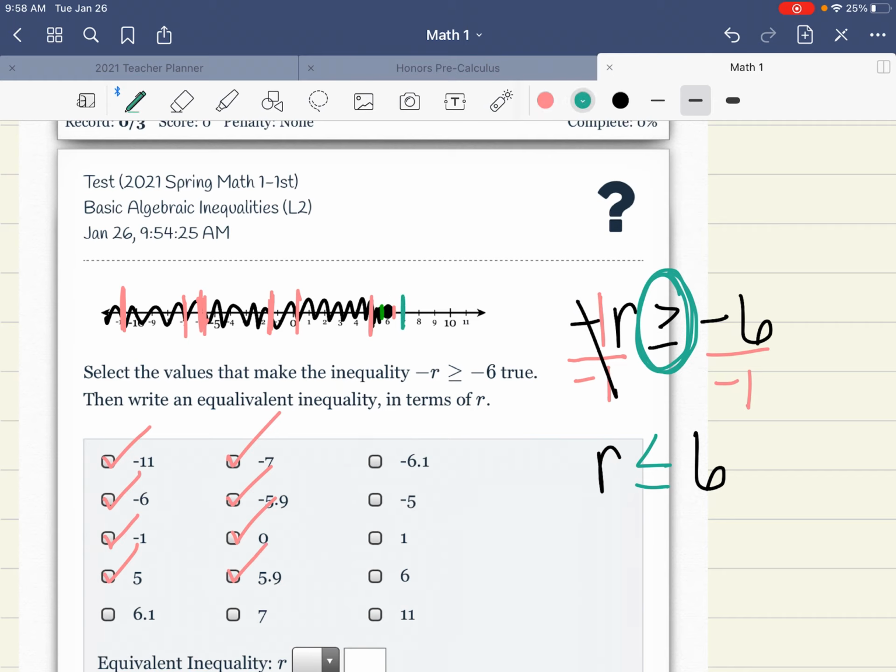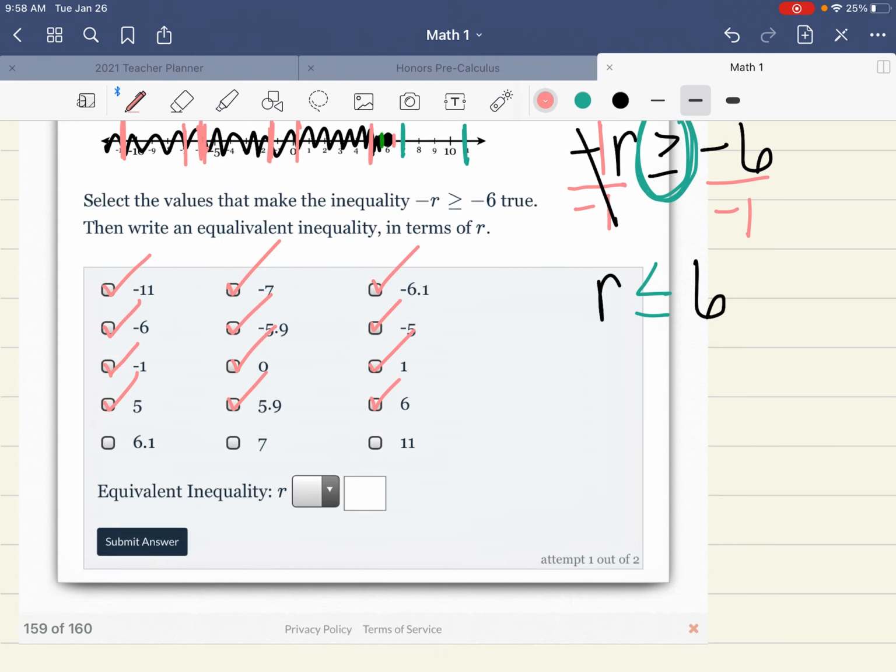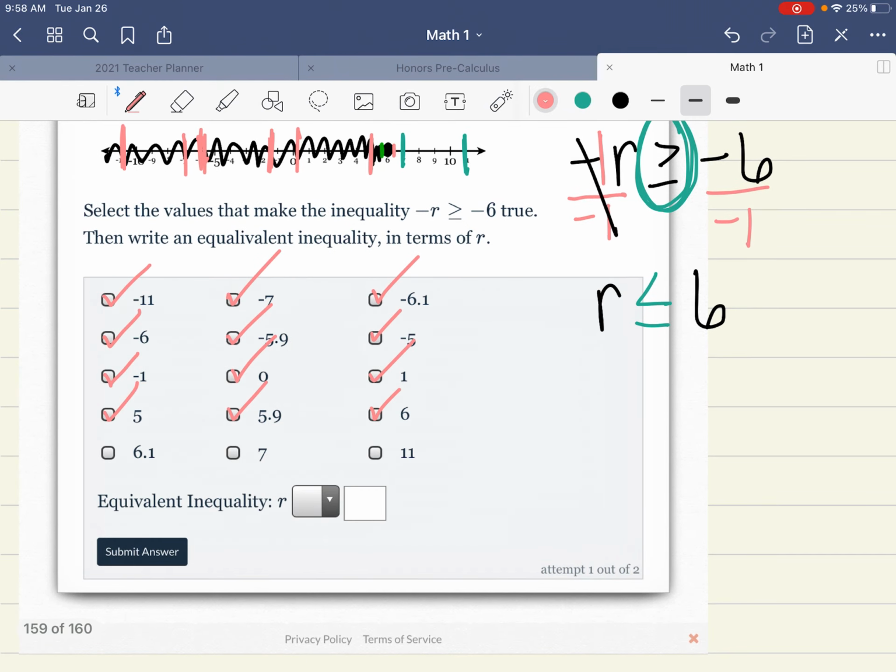So 7 is actually outside of my shaded region, so that's not going to work. We have negative 6.1, that's going to be a solution. We have negative 5, positive 1, and then 6. So 6, it says less than or equal to 6, so 6 is still an answer choice or a solution. And then we have positive 11. So positive 11 is not in the shaded region, so that is not a solution.